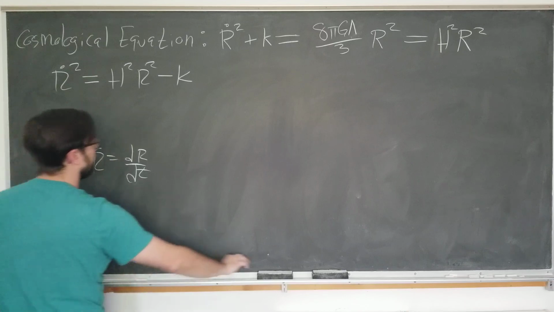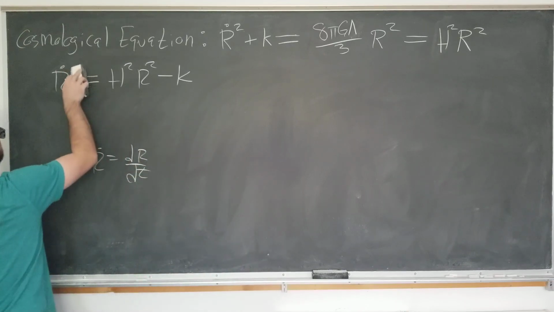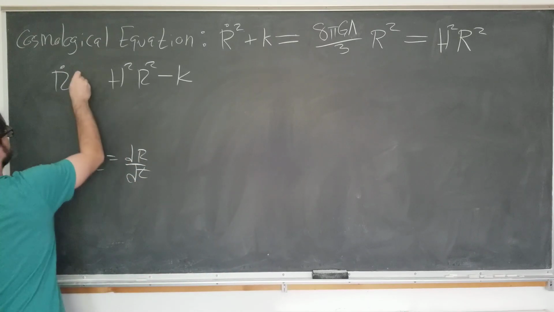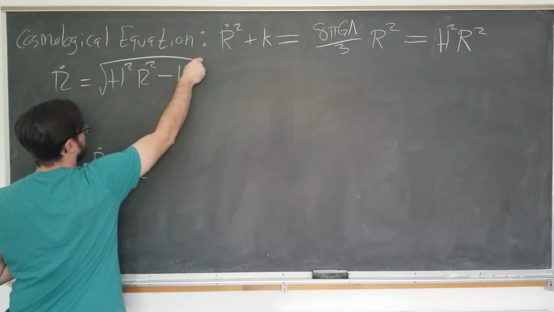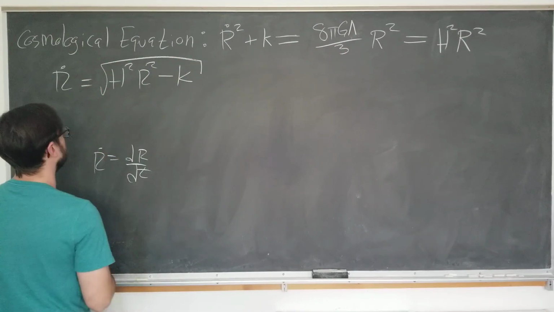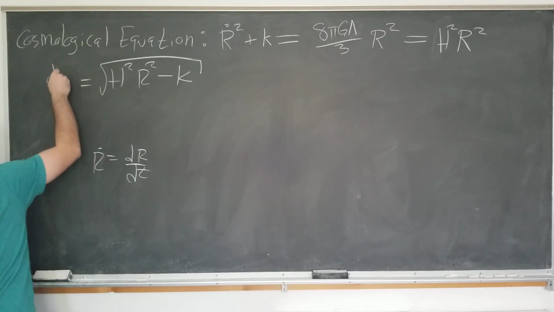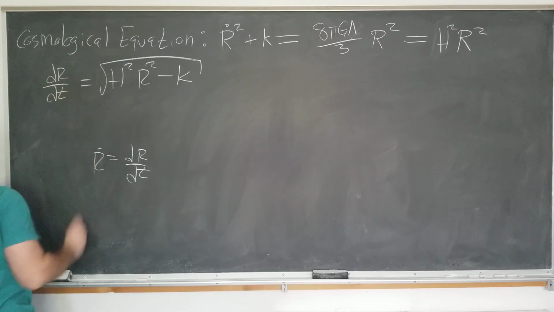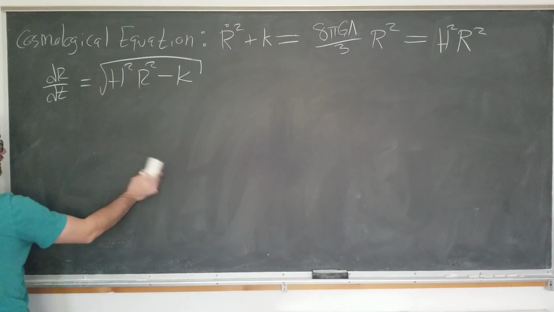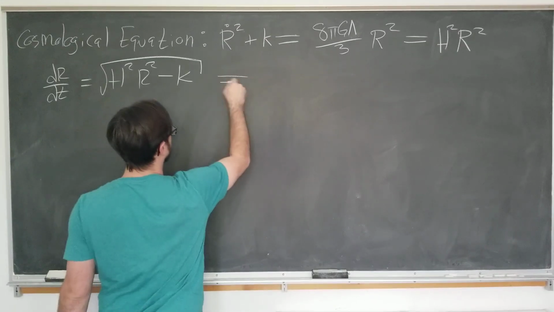So we want to now take the square root of this, plus or minus the square root, of course, but we're just going to take the positive root. And r dot is dr by dt. And now it seems pretty clear that we can separate the variables.